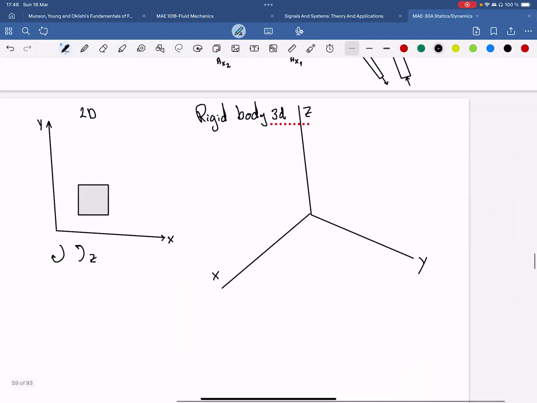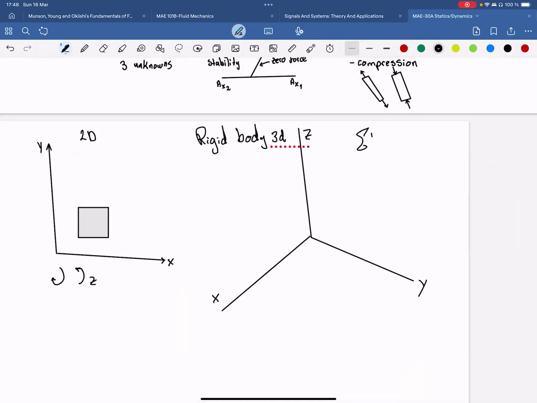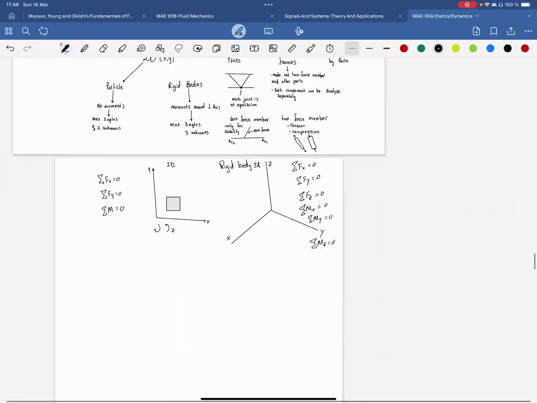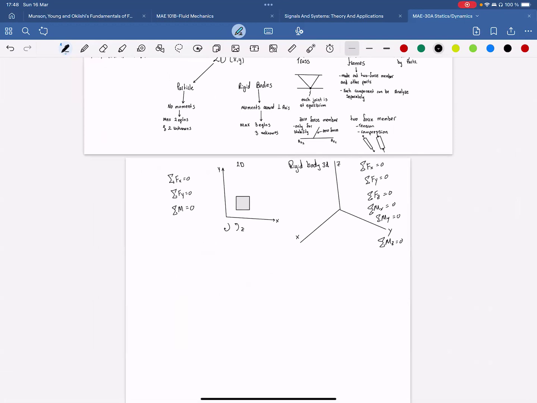So you could have Fx, Fy, Fz, moment around x, moment around y, and moment around z, all equal to 0 in a static equilibrium problem, of course. So you can also have a moment around either a point or a given axis.